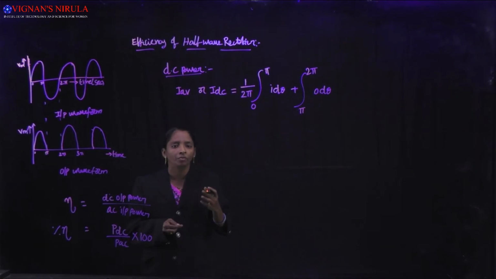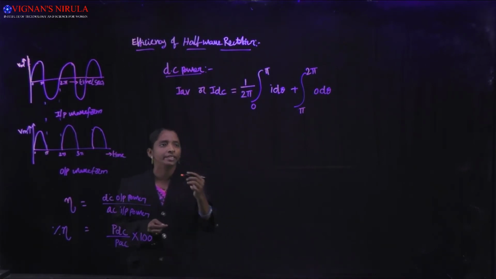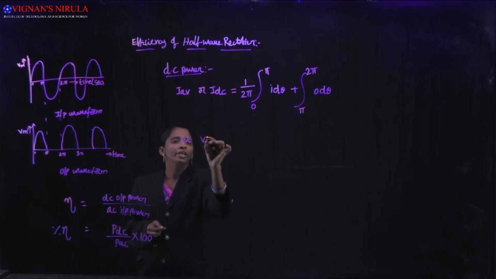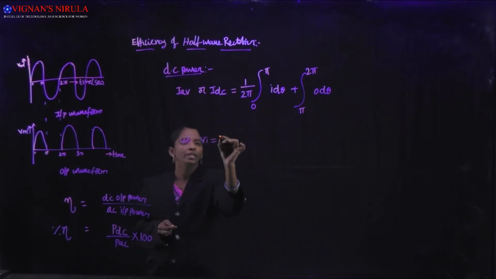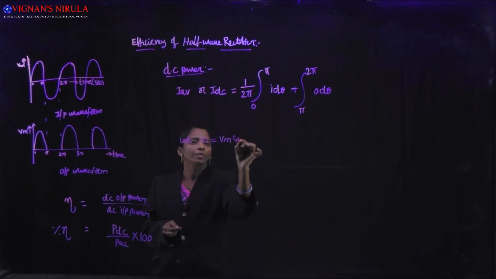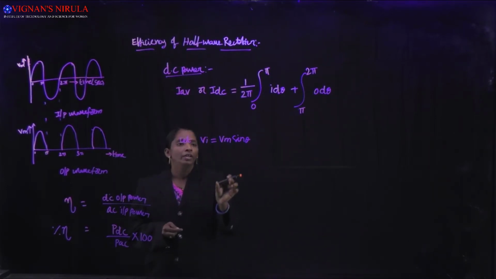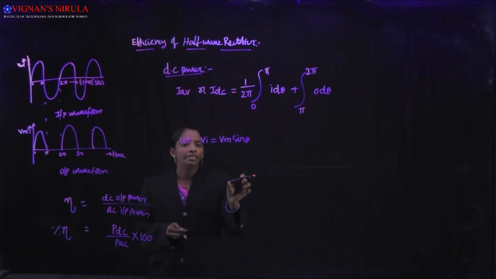The current flowing through the diode and resistance is given as follows. Let Vi be the input signal, Vi equal to Vm sin theta. It is applied across the input of the transformer, so this appears across the secondary winding of the transformer. Due to this input voltage, there is a current flow in the diode.